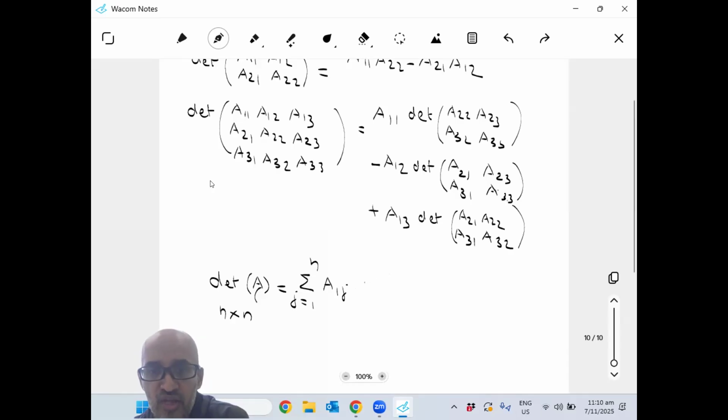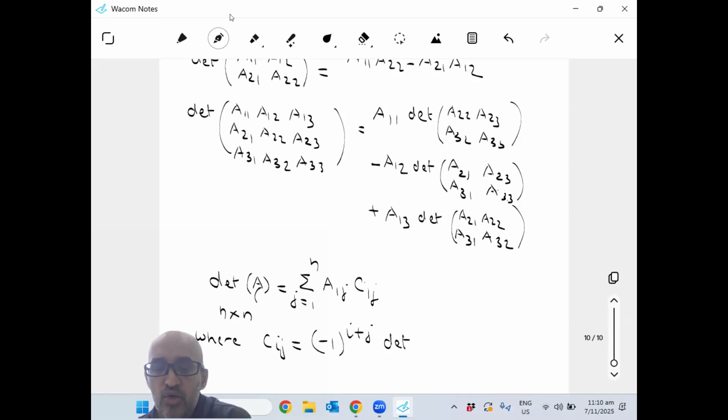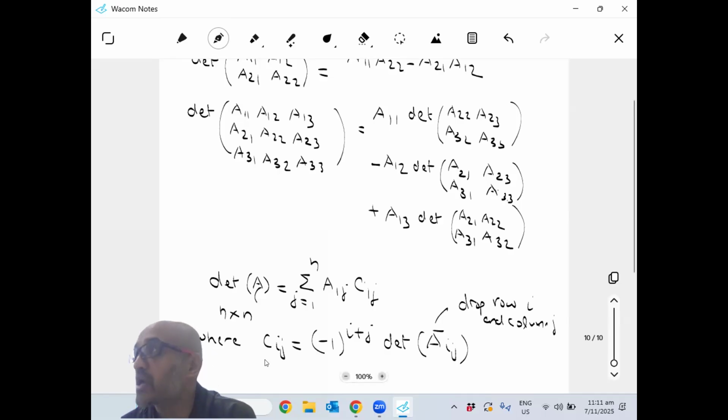So let me write down the formula: C1j is this cofactor we just wrote down, where Cij is given by (-1) to the power i plus j, times the determinant of the matrix Aij bar. So drop row i and column j. And you're going to repeat this for the smaller matrix, and so on.